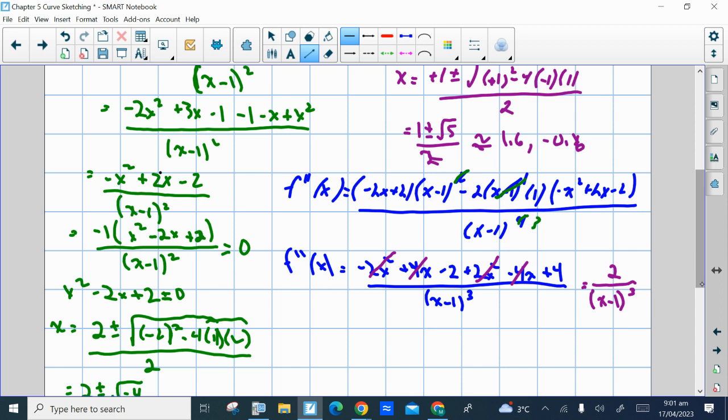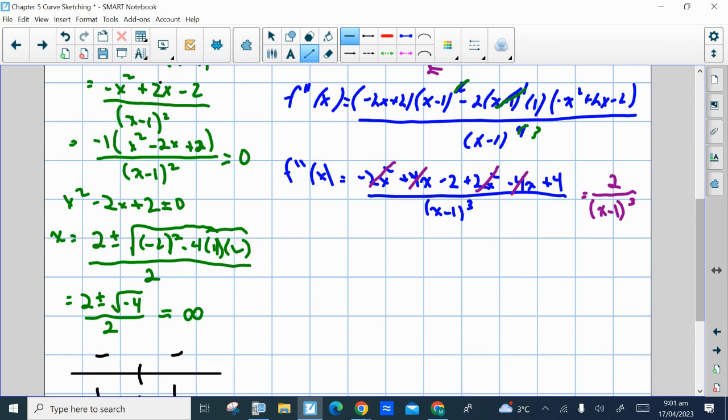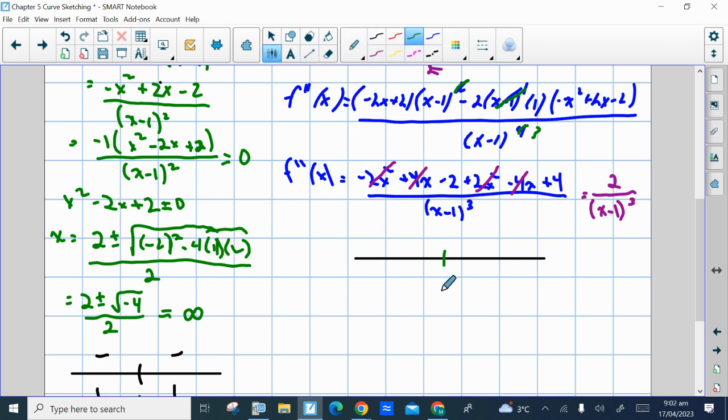We know that there's a vertical asymptote there, so therefore there cannot be a point of inflection, but we still may want to know what the concavity is on either side of 1. So when x is 0, the top is a constant, positive 2. The bottom will be negative. So the graph is concave down.